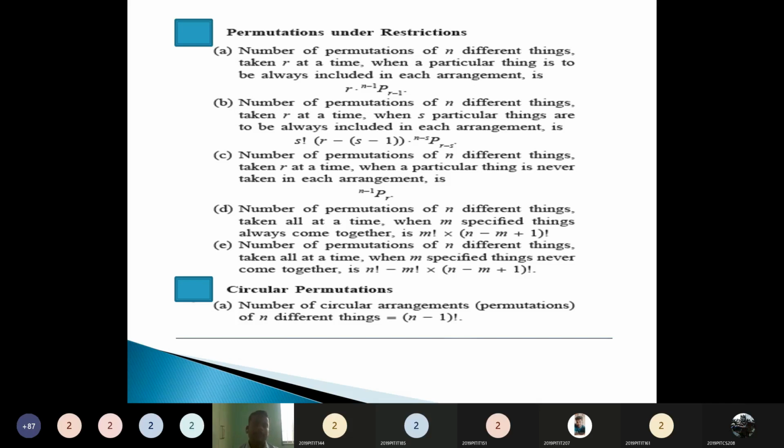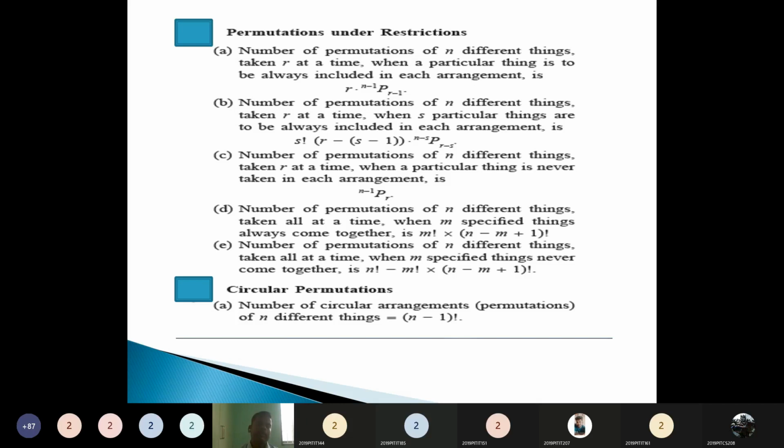The number of permutations of n different things taken r at a time, when s particular things are always included in each arrangement. Out of the n objects, s particular things are always there in the permutation. So s is less than r.